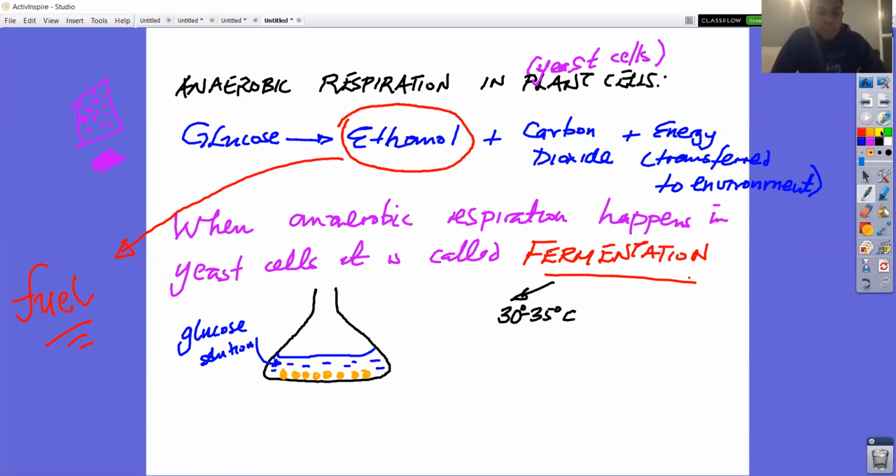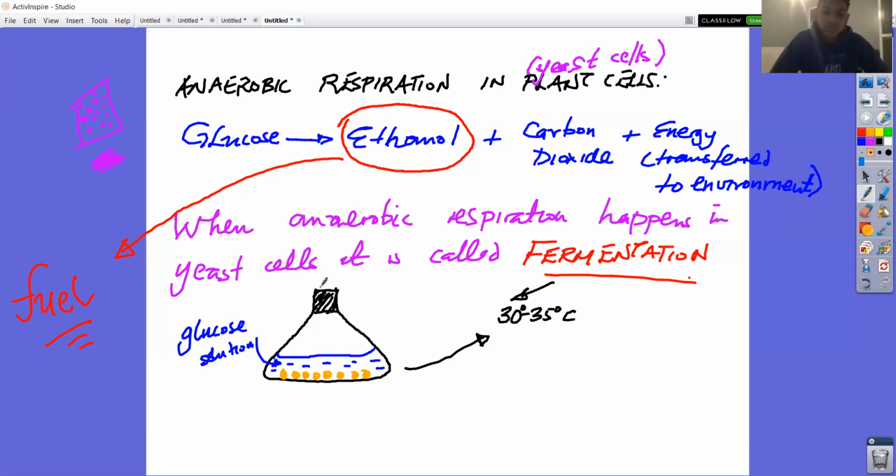And of course, now it's important that I seal this. Why do I need to seal it? So oxygen doesn't get in. Exactly. So no oxygen goes in. Now anaerobic respiration can start. I want to make sure that my temperature is at about that 30 to 35. Leave it for some days, depending on how big my batch is. And when I come back, there will be ethanol.